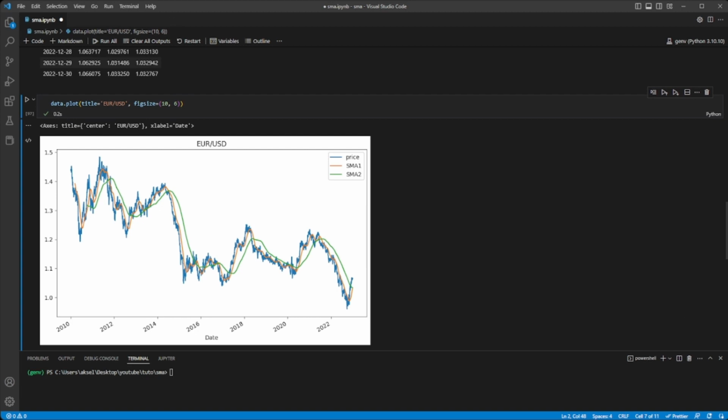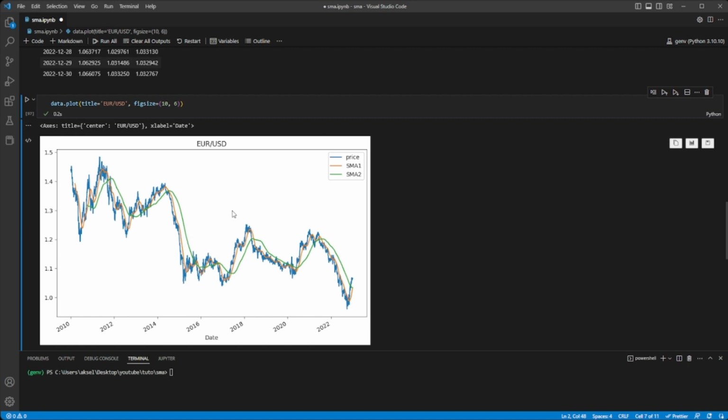Okay, so as you can see here, we can see both our moving averages. The next step will be to generate the signals, aka our market positionings, based on the relationship between these two SMAs here.